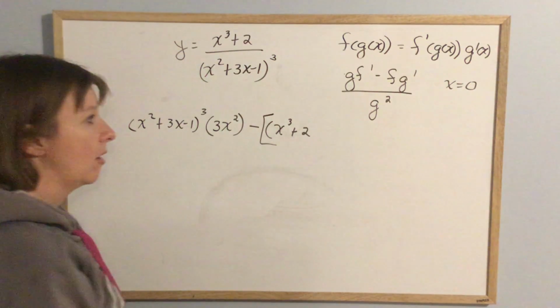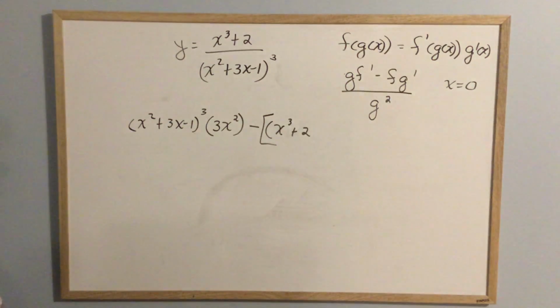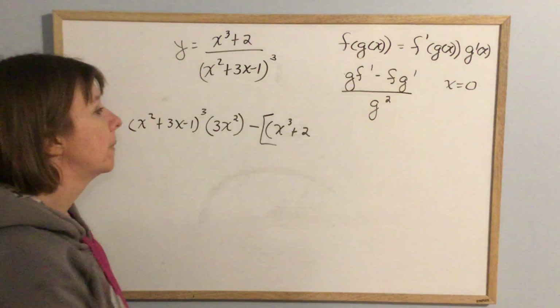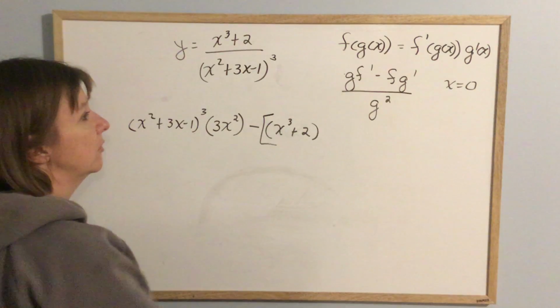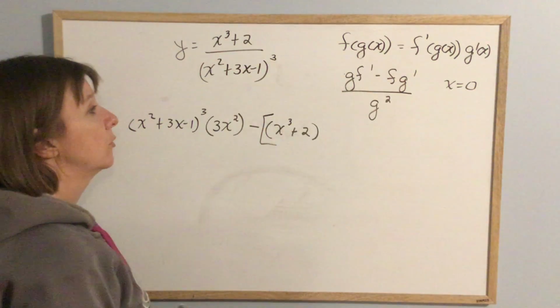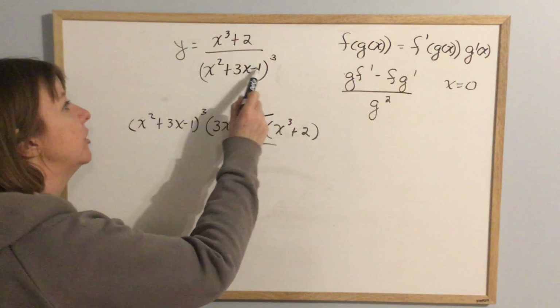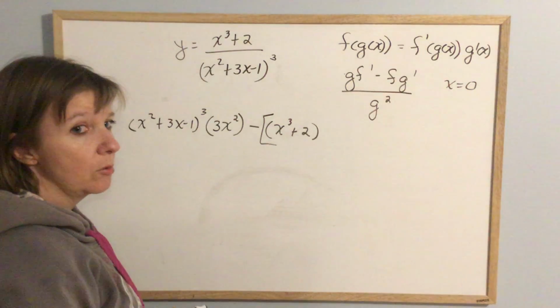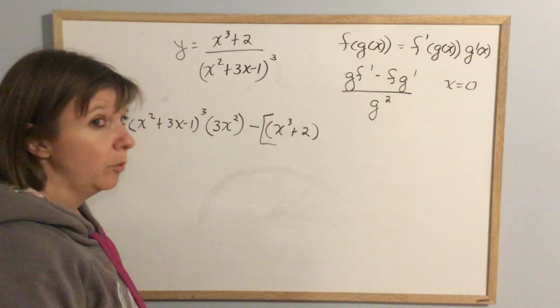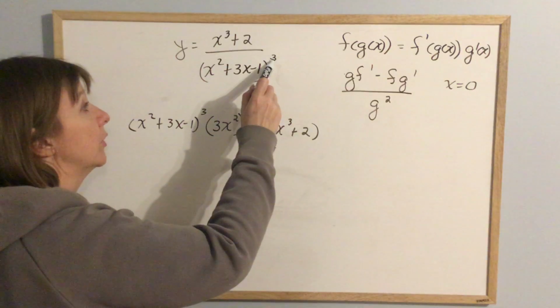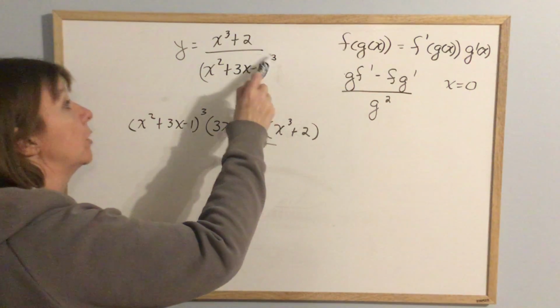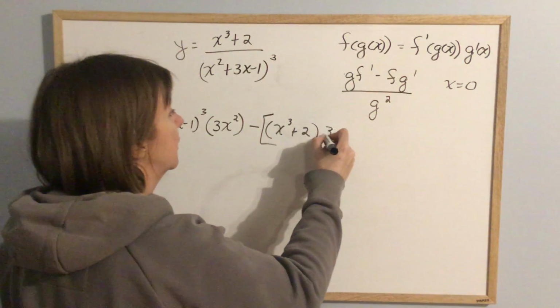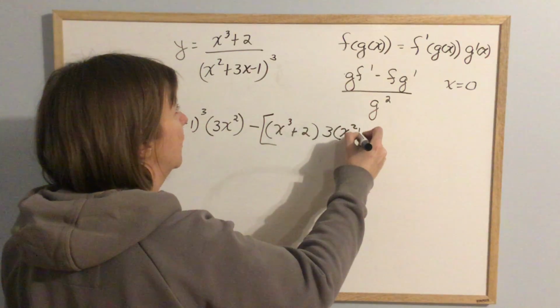By the way, I'm going to put this all in brackets because I'm subtracting everything from this point on. So x cubed plus 2. Then I have to do the derivative of g. But g has an exponent on the whole thing, so I'm going to have to do the chain rule with that. So first, do the derivative of this exponent. Move it down in front. Leave the inside alone.